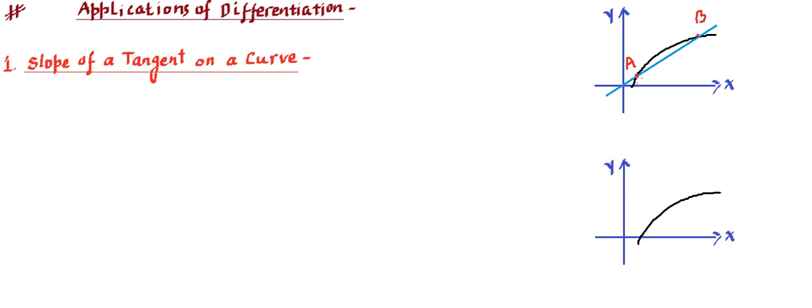And if we drop this downside, then you'll find this will be related to the coordinates of A, and if we drop this downside, that will be related to the coordinates of B. Understood?